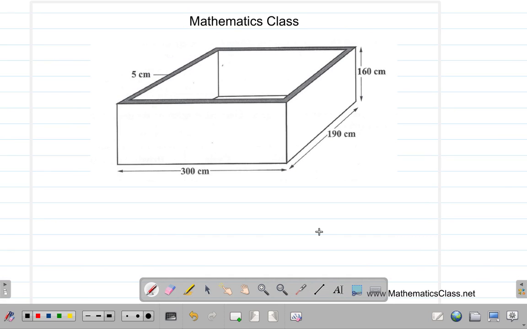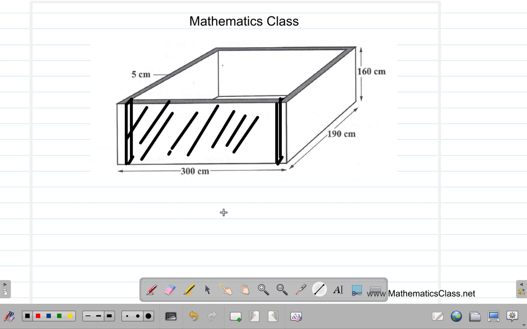Now, the thing is this, the internal surface. The surface here, how would I paint? If you look through this, on the inside, we're really going to paint here. And this surface you're going to paint.